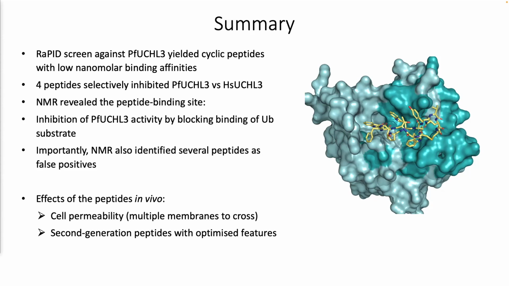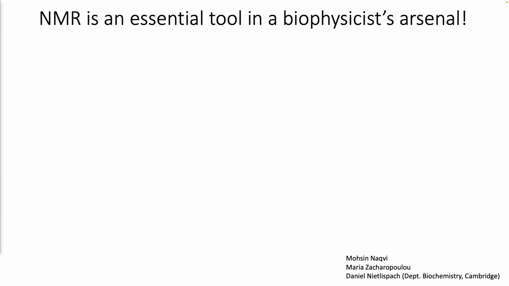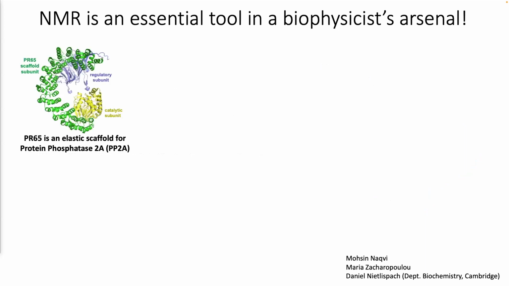Before I finish, I would like to briefly mention another project that we've very recently been carrying out. And this really highlights how important NMR is in a biophysicist's arsenal. This is a project on this protein in green here, PR65. It's a HEAT repeat scaffold subunit of a heterotrimeric protein phosphatase, PP2A. And you can see it's in complex with the catalytic subunit and the regulatory subunit here.